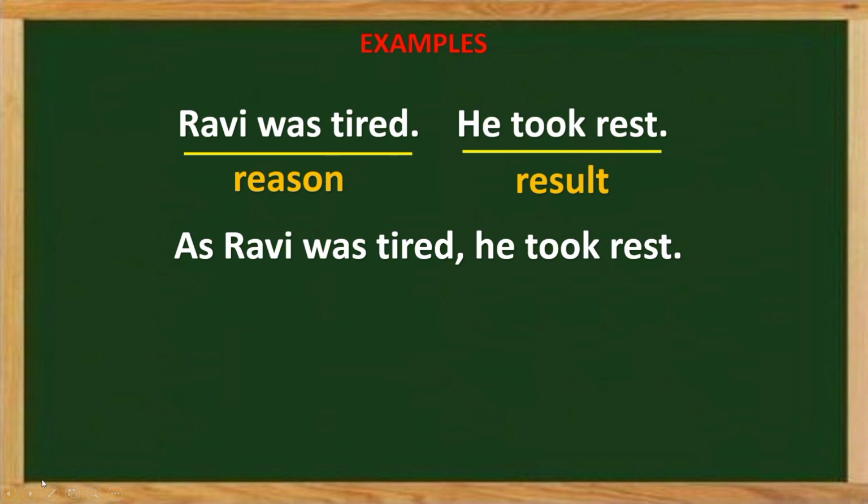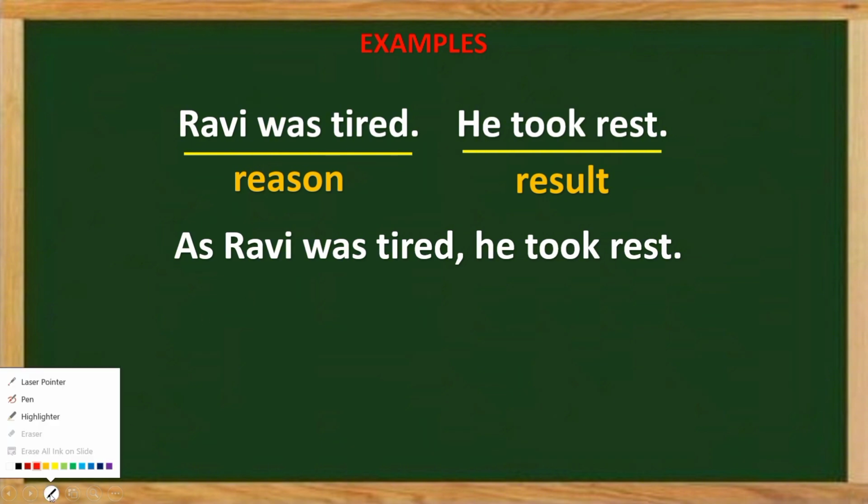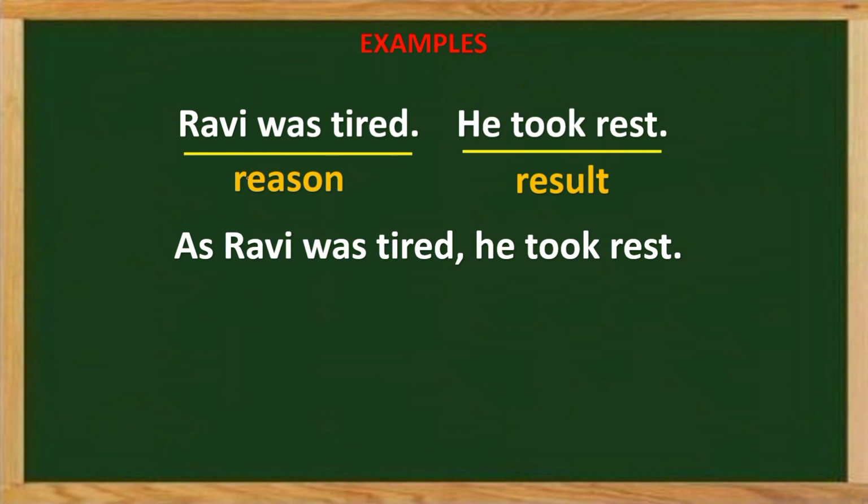So here we wrote as before the reason. Then the result followed here. So this is the structure of the sentence while writing using as, and the same structure is used for since and because also.